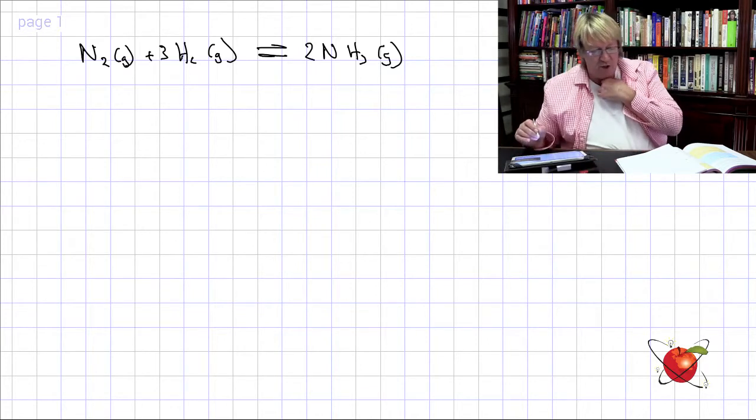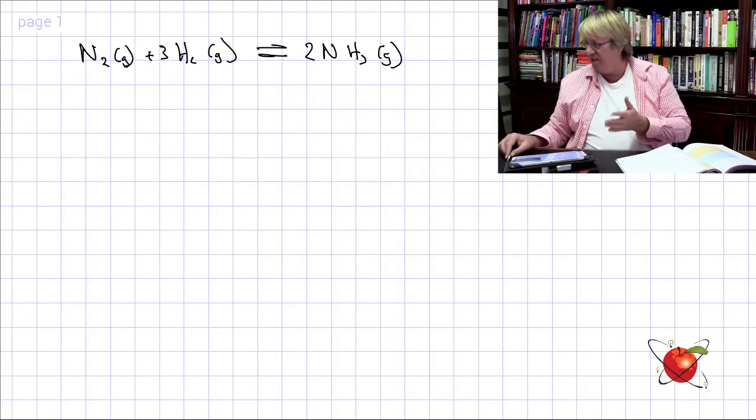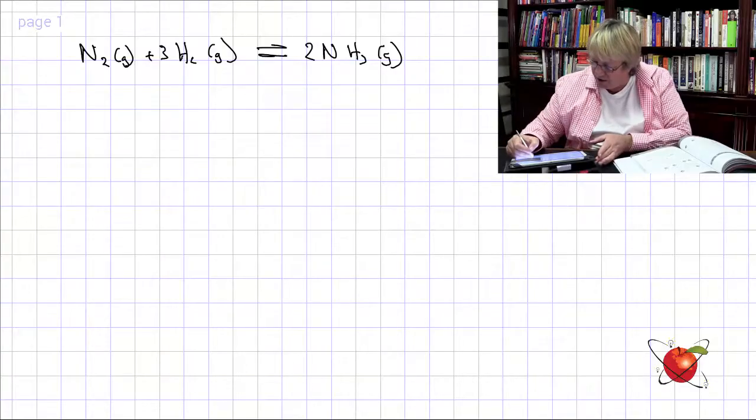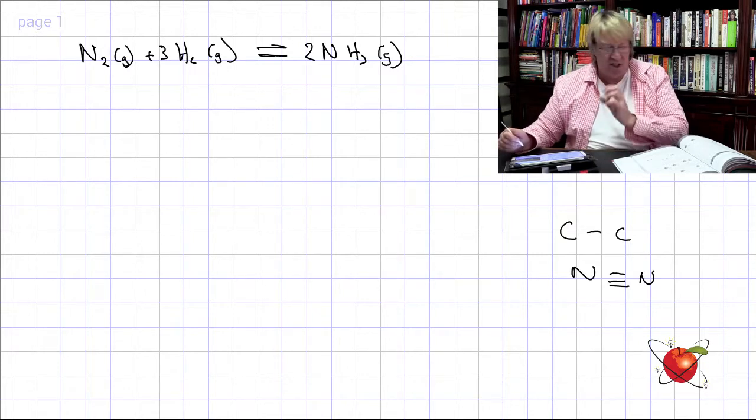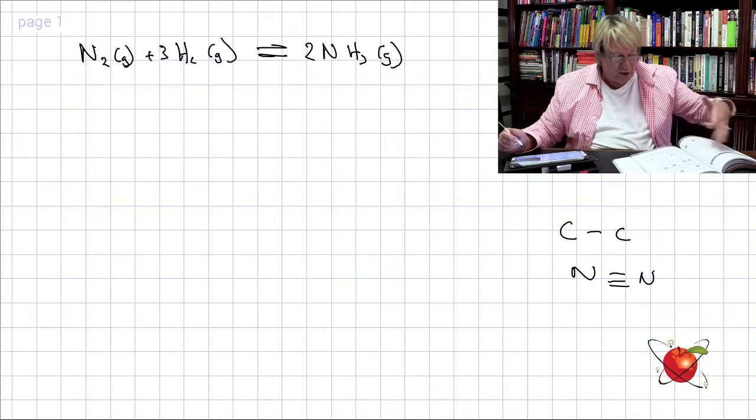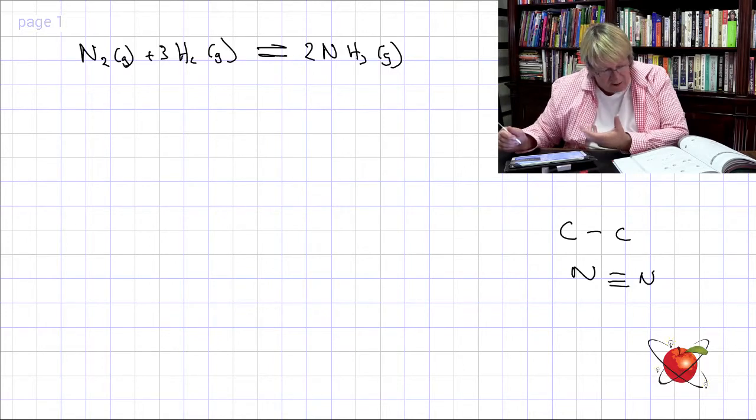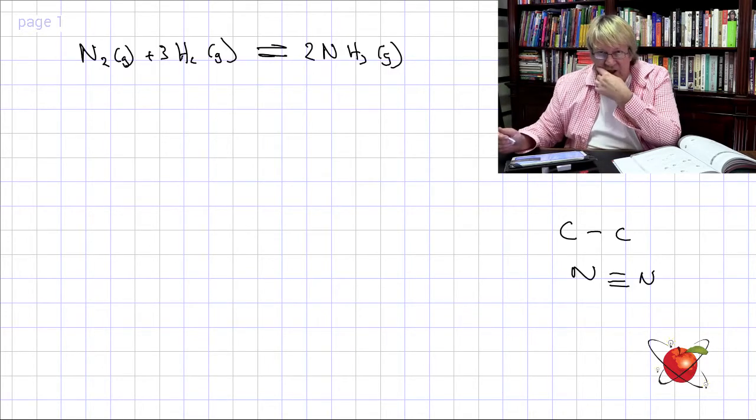Now, if you go to the general tables that you get, I've got one in this book, for example, where they have the bond energy tables, and they give you a whole list of different kinds of bonds, shown like this: a C-C, an N bond, and they've got energies associated with them, usually given as a bond energy as a number. Okay, and the numbers you get, remember we spoke about it before, are in kilojoules per mole.